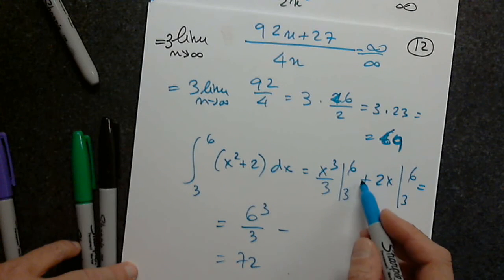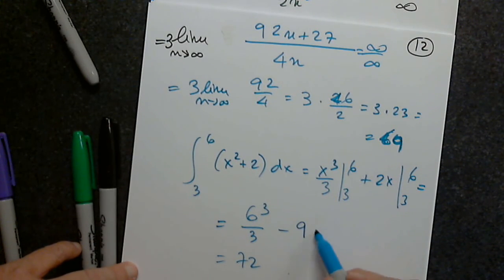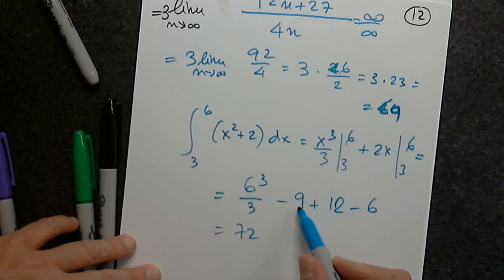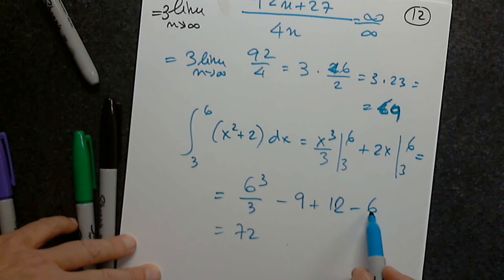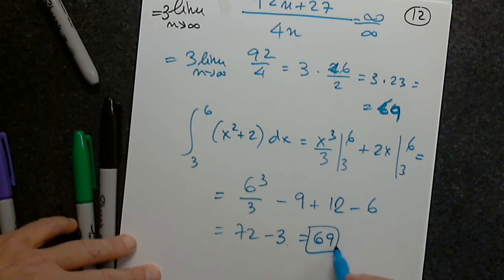And then when I subtract, I have 27 over 3, which is 9, plus 12 and minus 6. Okay, let's see what we get. So this is negative 15, so this is minus 3, and of course 69 as we expected.